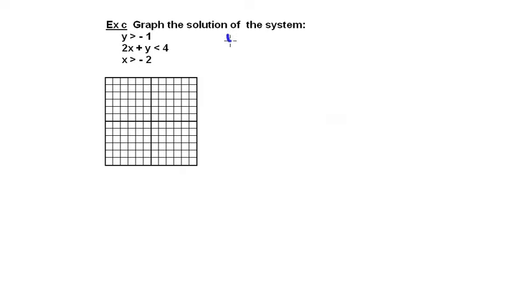So we're looking at y is equal to -1, and this is a special equation. It's a horizontal line, and it has its y-intercept at -1. So we can draw that horizontal line through the point at -1, and I've drawn the line as a dotted line because the inequality is strictly greater than.